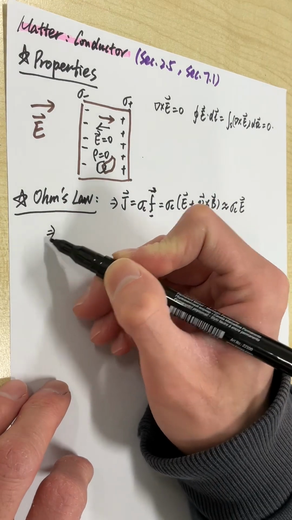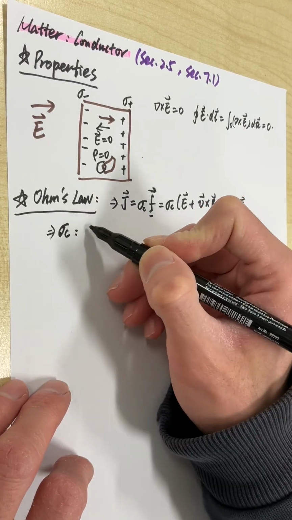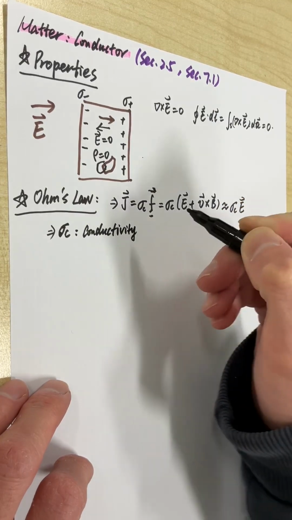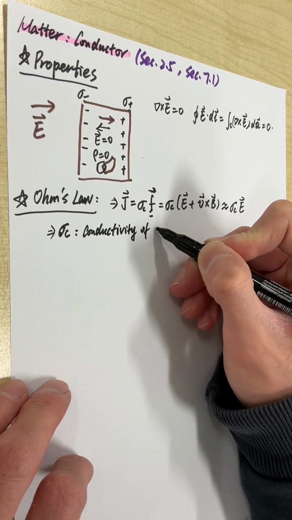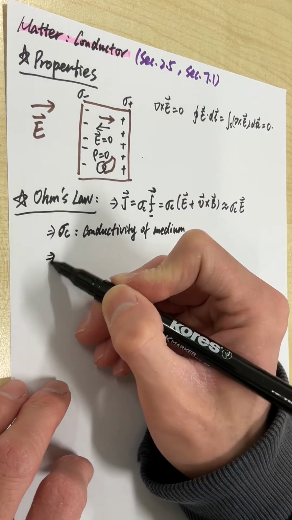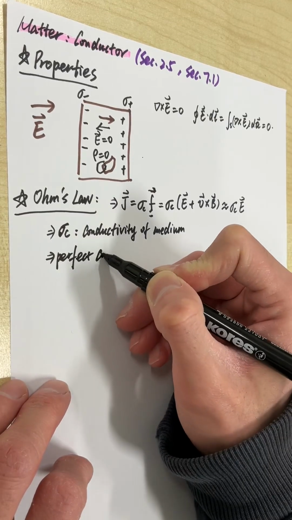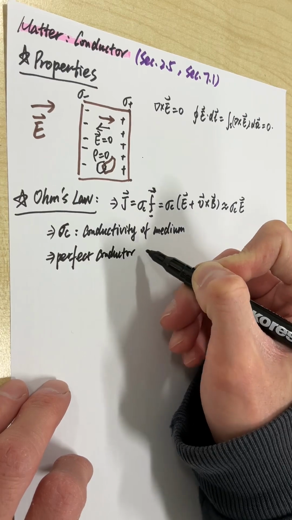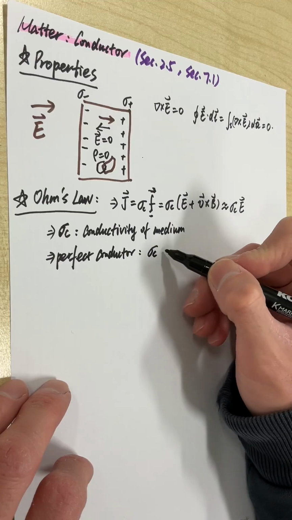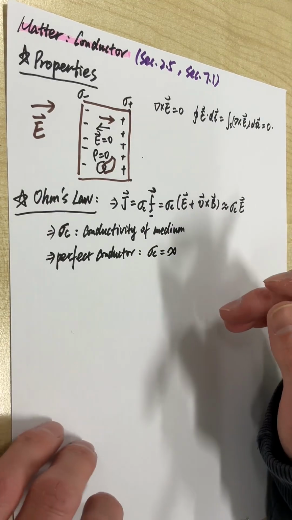So sigma C is the conductivity of the medium. If we have a perfect conductor, we would have conductivity sigma C equal to infinity. So a little push and then you get infinite current.